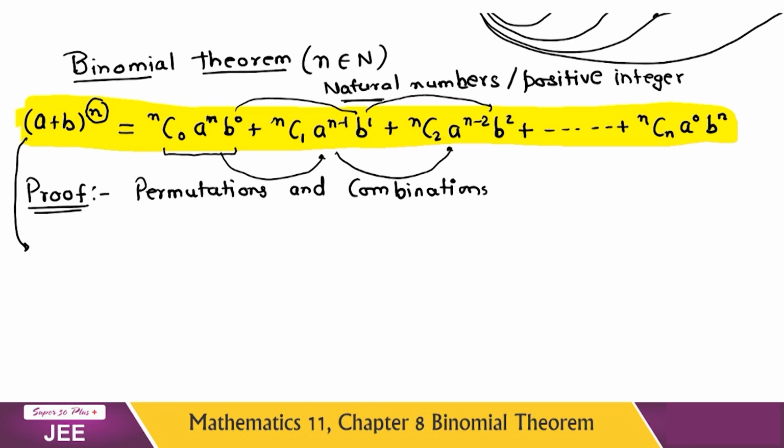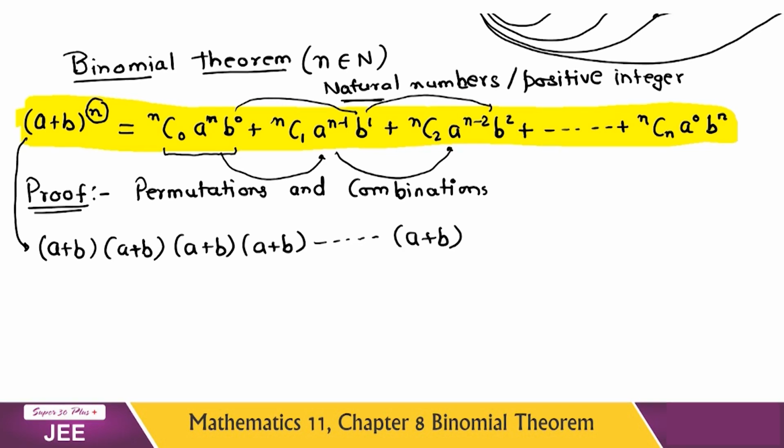Now whole raised to the power n means (a + b) is multiplied how many times? n times. So I am writing down the same bracket n times, in multiplication format.